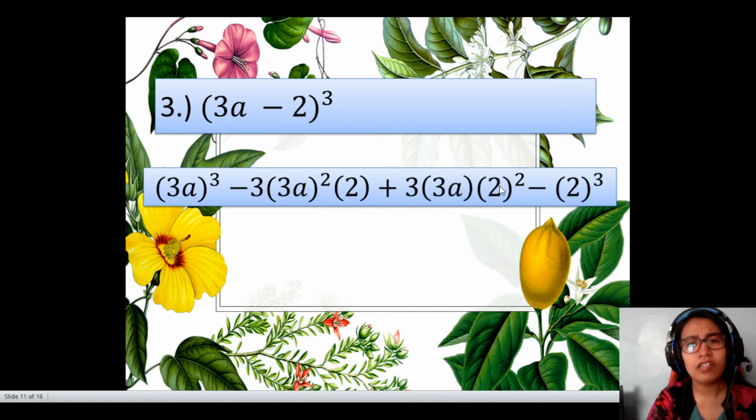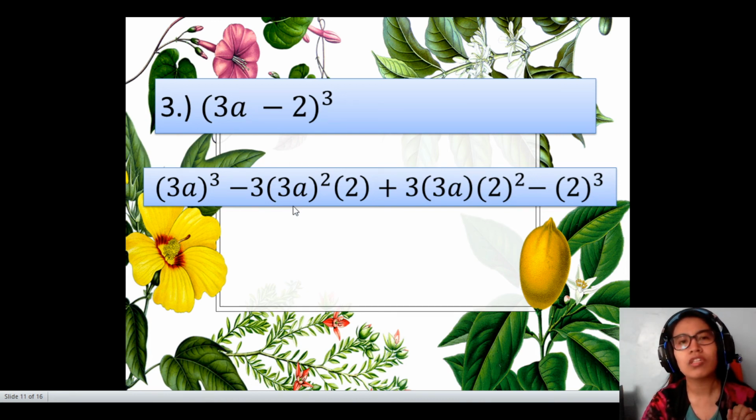And even though I put the negative sign in here, it doesn't matter because I will square it. It will still remain positive. So we have (3a) cubed. 3 times 3 times 3 will give me 27a cubed.